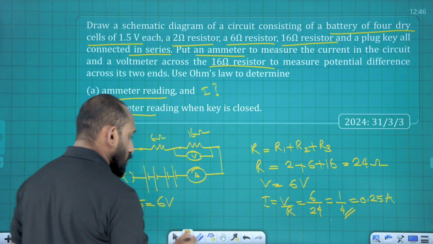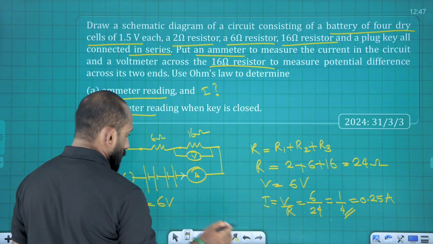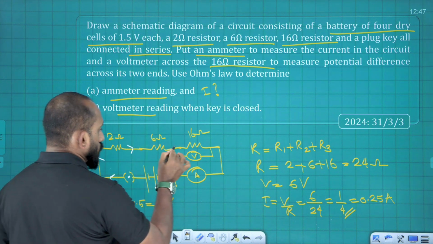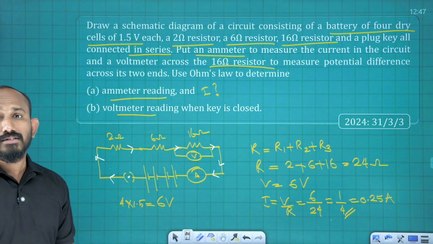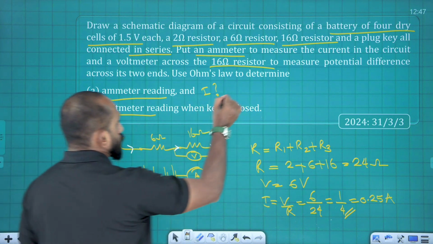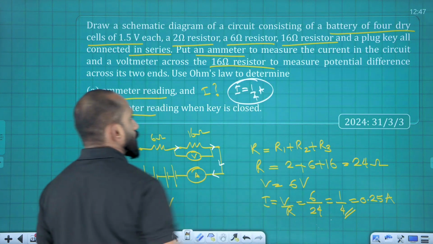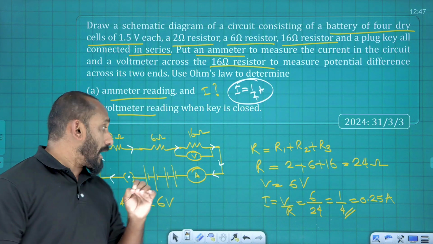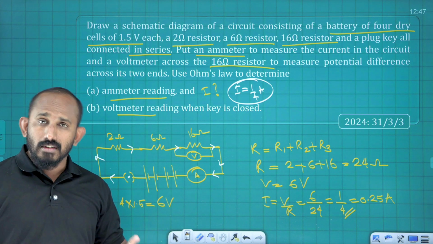So that current will pass throughout the circuit when the key is closed, including this ammeter. So the ammeter reading is 1 by 4 ampere. So I is equal to 1 by 4 ampere. Now the voltmeter reading, that is the voltage across the 16 ohm.